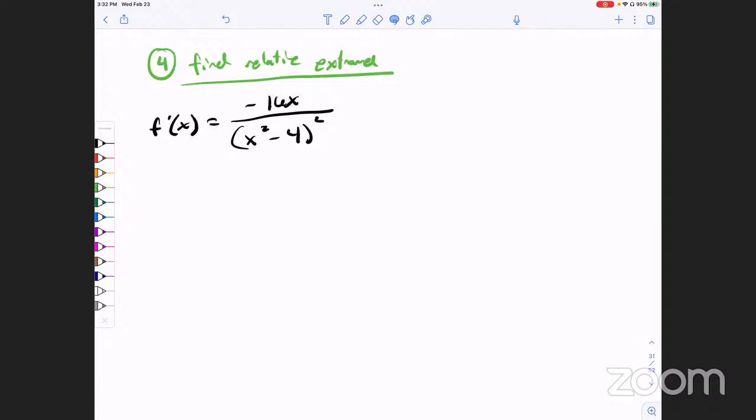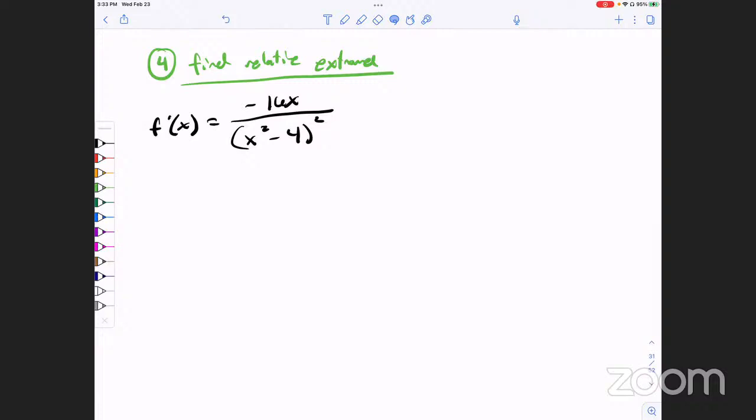For extrema, the idea is that we're finding the critical values, right? That occurs where the first derivative is either 0 or undefined, all right? So then we take the first derivative for our critical values.